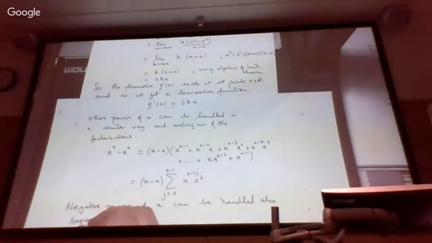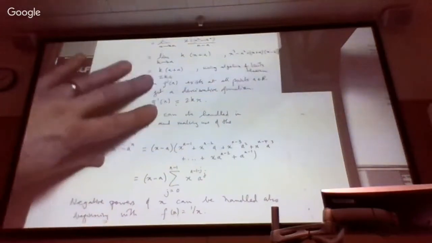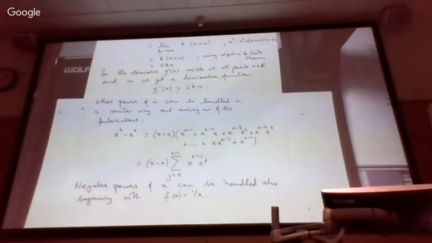Beginning with, say, the function f of x, which is 1 over x, x to the minus 1. What is its derivative? Well, we can handle that in much the same way. The derivative should be the limit as x approaches a of 1 over x minus 1 over a, over x minus a.